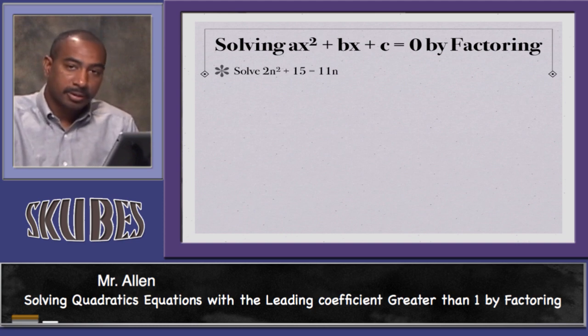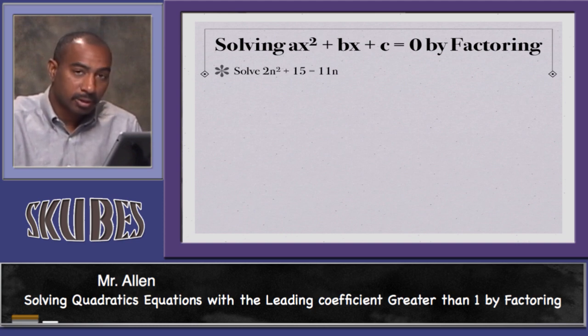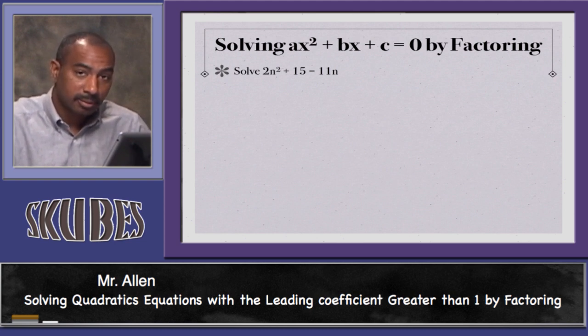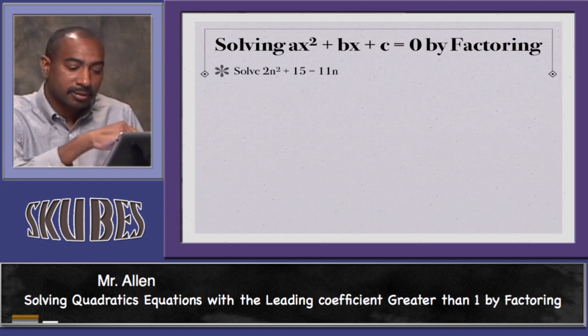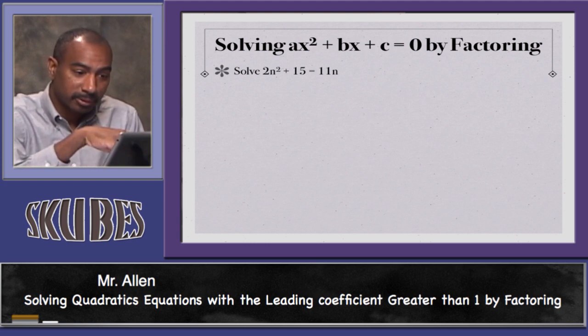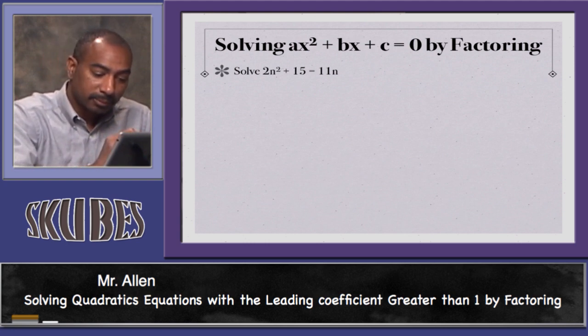All right, what happens if you get an equation like this? You have solve 2n squared plus 15 equals 11n. The first thing you do is make it a trinomial and put it in descending order. So you're going to move this 11n to the other side.